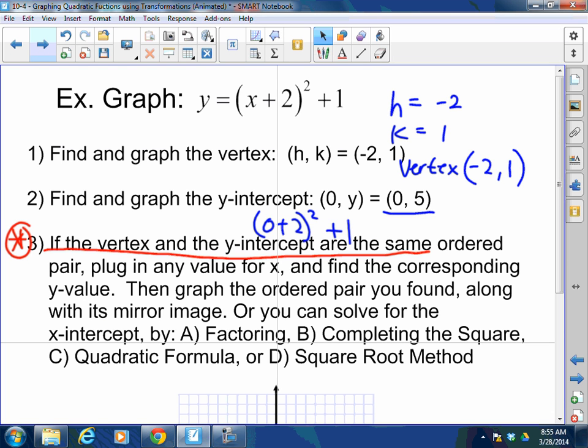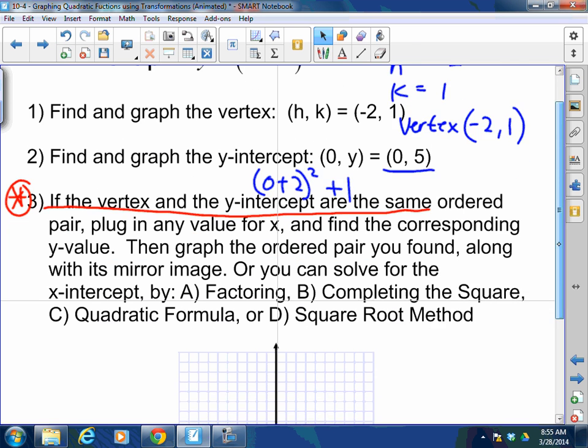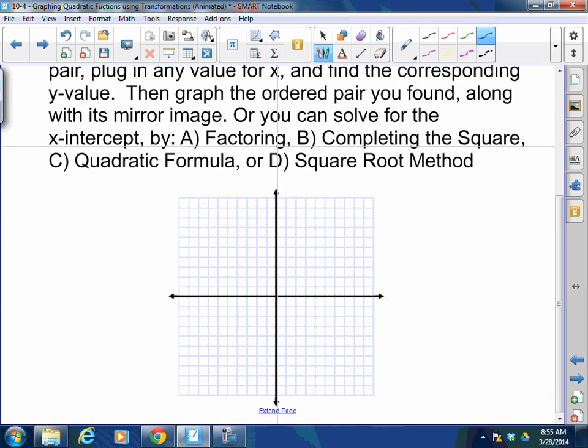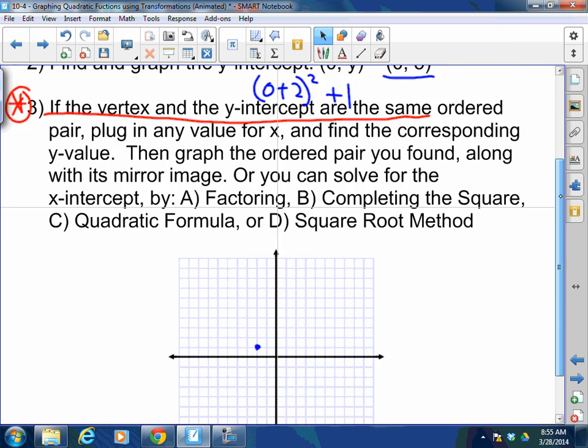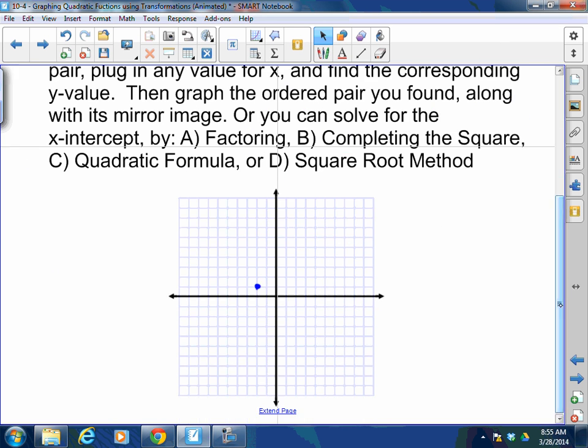So let's do this. My vertex was negative 2, 1. So negative 2, 1. My y-intercept was 0, 5. 0, 5. 1, 2, 1, 2, 3, 4, 5. Now, you may be thinking, what happened to the axis of symmetry?